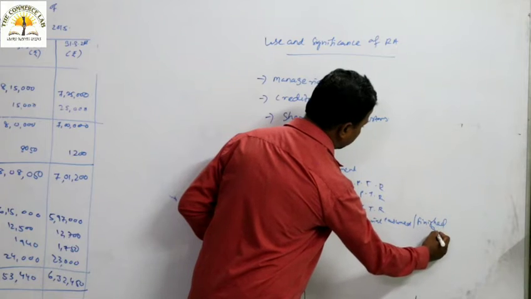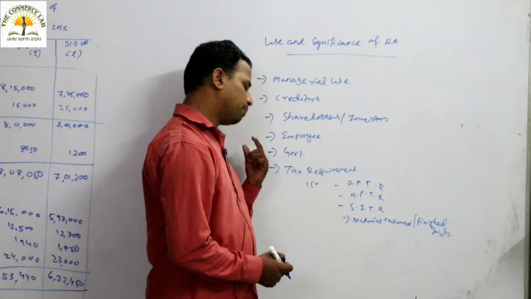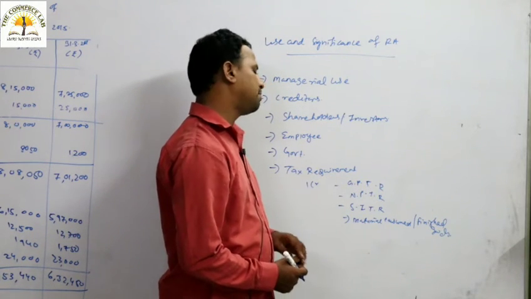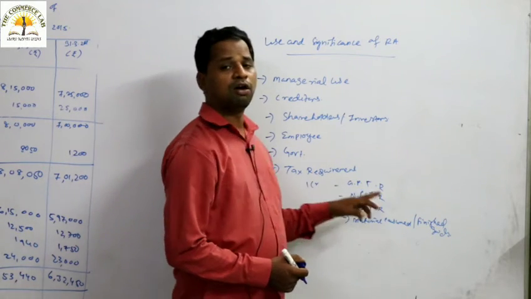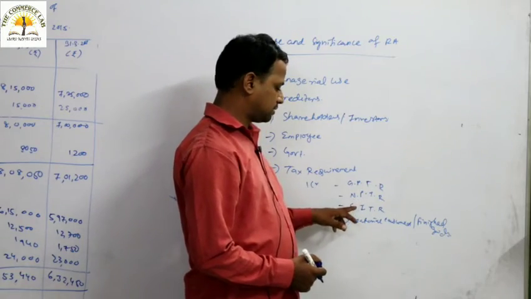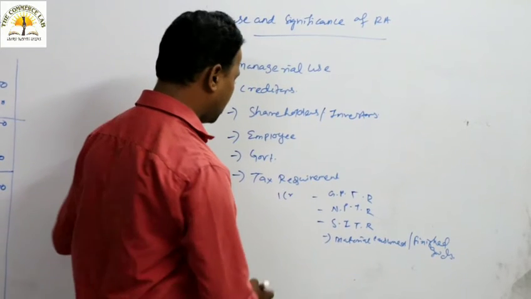If you're a businessman and your turnover is 1 crore or more, then you have to supplement this kind of ratios to the government while filing the return, like gross profit turnover ratio, net profit turnover ratio, stock in trade turnover ratio, and material consumed to finished goods ratio.